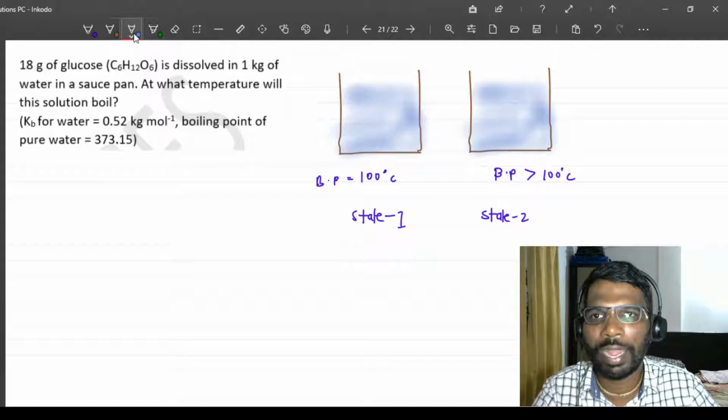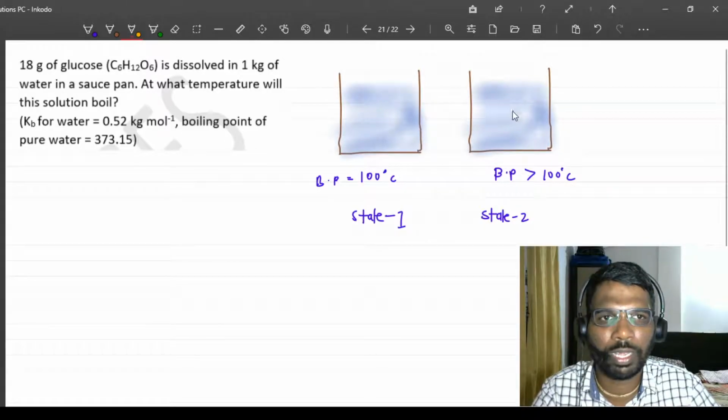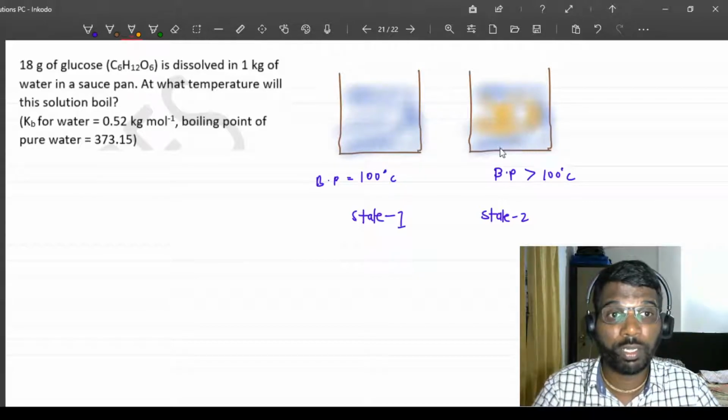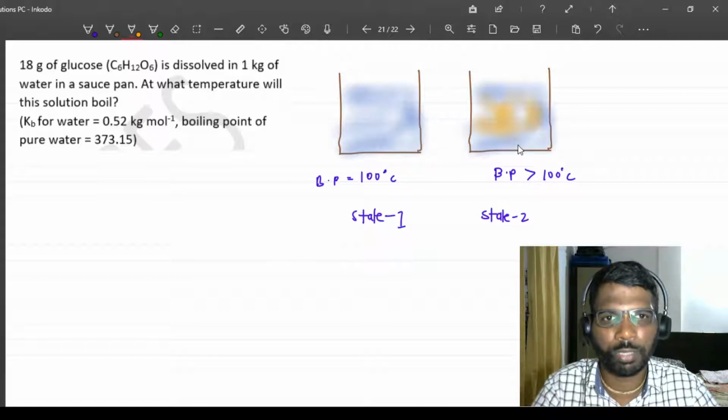When I add a non-volatile solute like glucose, the boiling point of the solution will be raised.